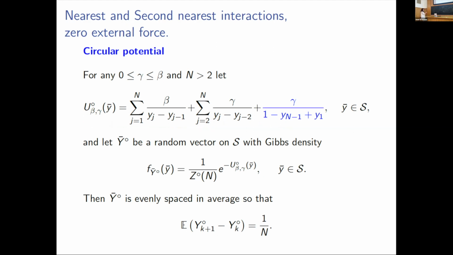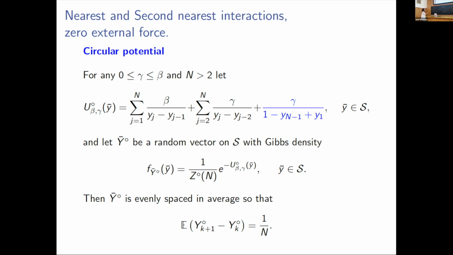That's the second nearest interactions. And I will write this potential in this form so that if we neglect the rest, it is just as it was previously. So here is beta, and the secondary interaction I will write gamma, just to see visually what comes from the secondary interaction. Physically, of course, the natural thing is to say that gamma is beta, or at least not greater than beta.